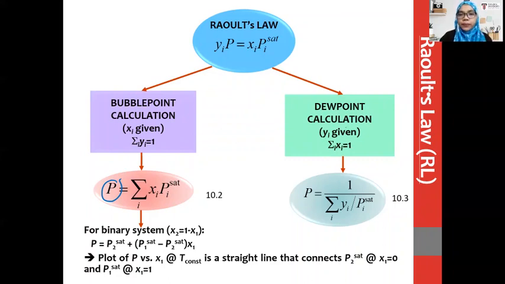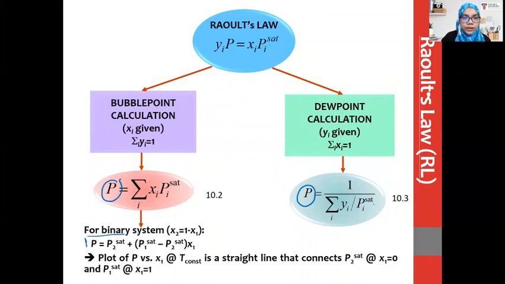For the dew point, since the vapor composition is given, we can determine the pressure by taking one over the summation of the vapor phase composition divided by P1 saturation. Because the temperature is given, P saturation can be determined from the Antoine equation.